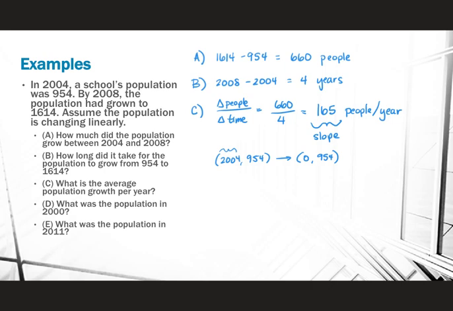I can just say, I don't really want to mess with it. Let's just shift the y-axis over, right? Let's just put the y-axis on 2004 instead. And so what that does is, because I've done that, this now is my b value. So I don't have to do any algebra to figure out the rest of this equation, right? I know population as a function of time is going to be 165 times the number of years plus the 954 people that we started with.